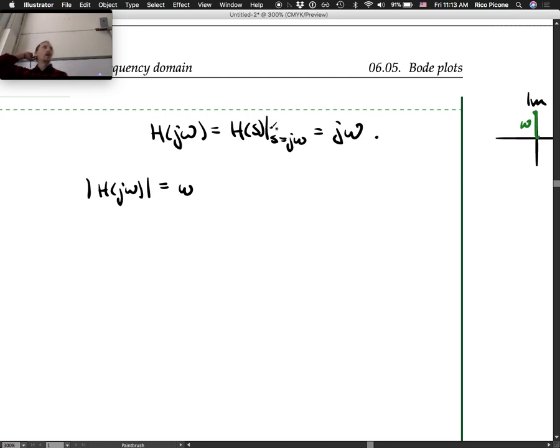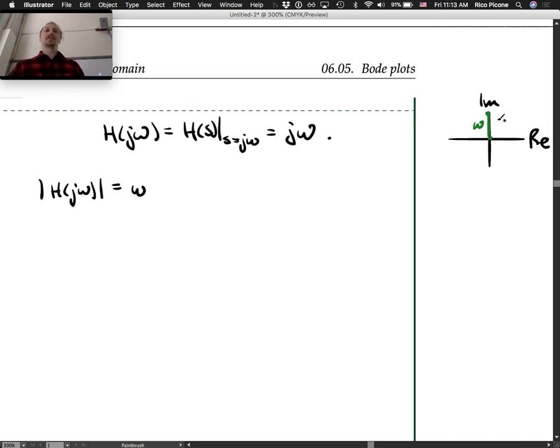We're going to do our Bode plots almost exclusively with positive frequency. So if omega is positive, the magnitude is just omega.